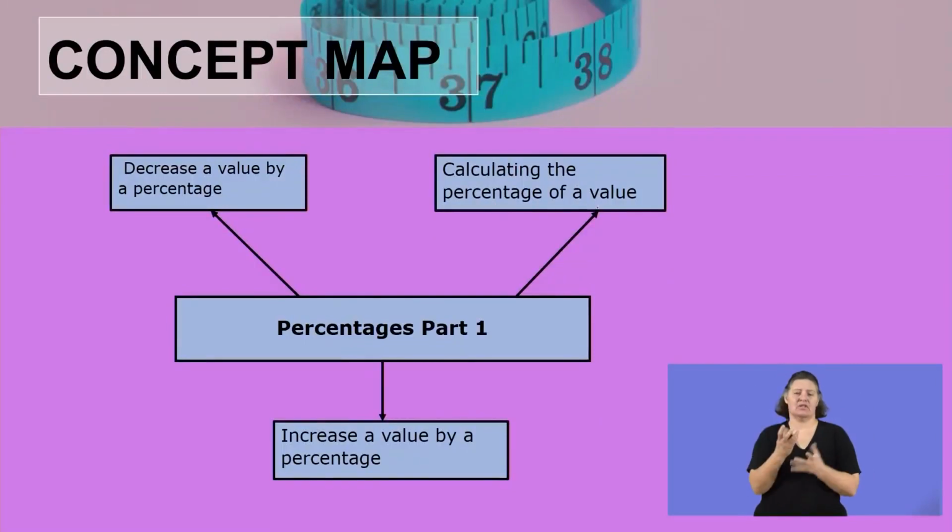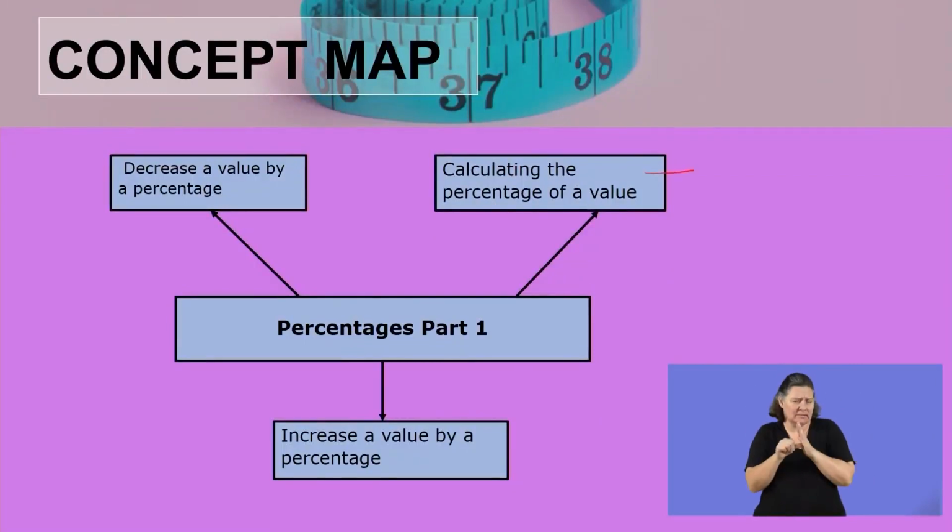I hope now you are also able to decrease the price. I hope you were able to do these calculations with me and get it correct as well. So now let us just wrap up everything that we did today. Number 1, we dealt with calculating the percentage of a value.